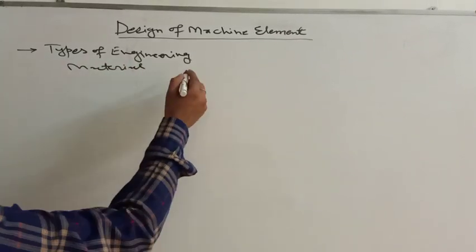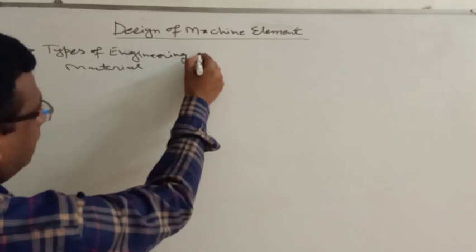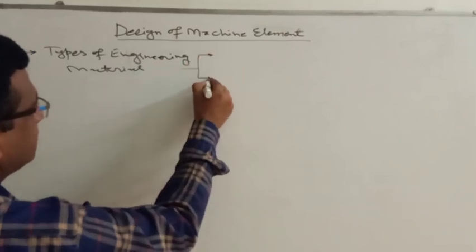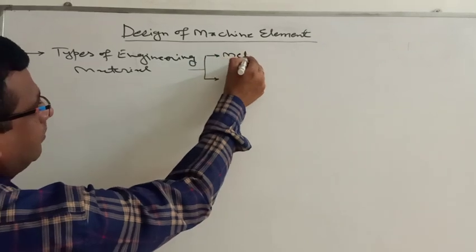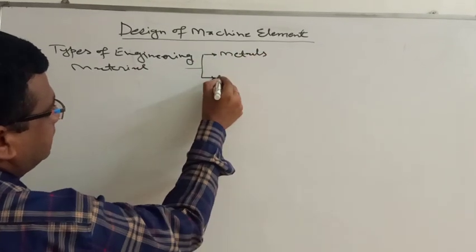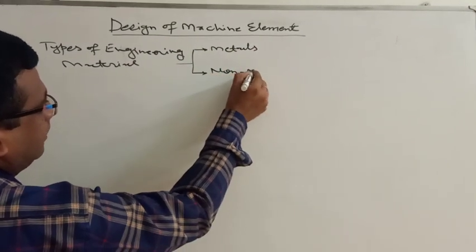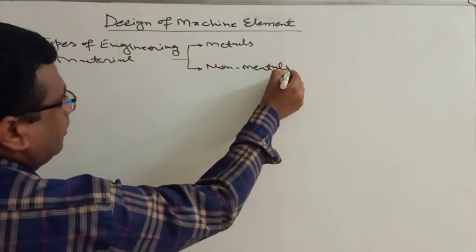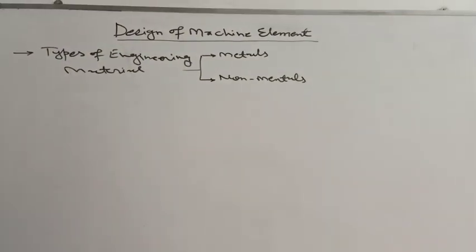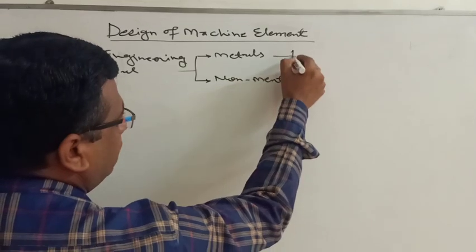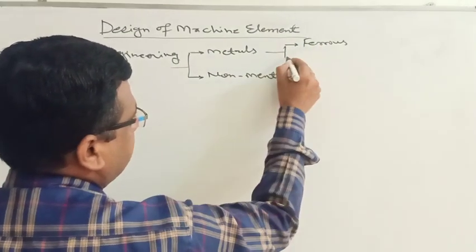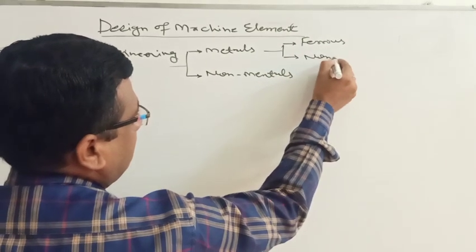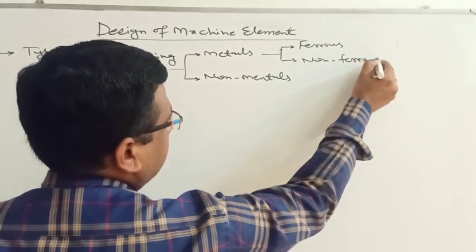You all are aware that materials are classified into two categories, metals and non-metals. The metals are further classified into ferrous and non-ferrous.